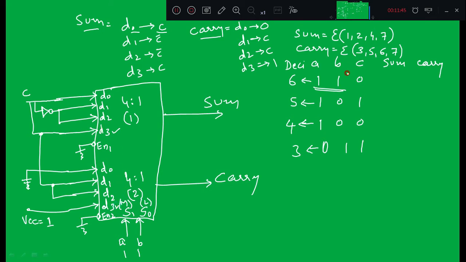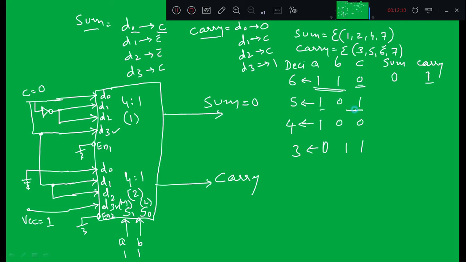What is the value of C in this combination? C is equal to 0. Since D3 is connected to C, sum is equal to 0. Do we have 6 in the sum? No. So output is 0, correct. Then here D3 is connected to VCC, so carry is equal to 1. Do we have 6 in carry? Yes. So output is correct.